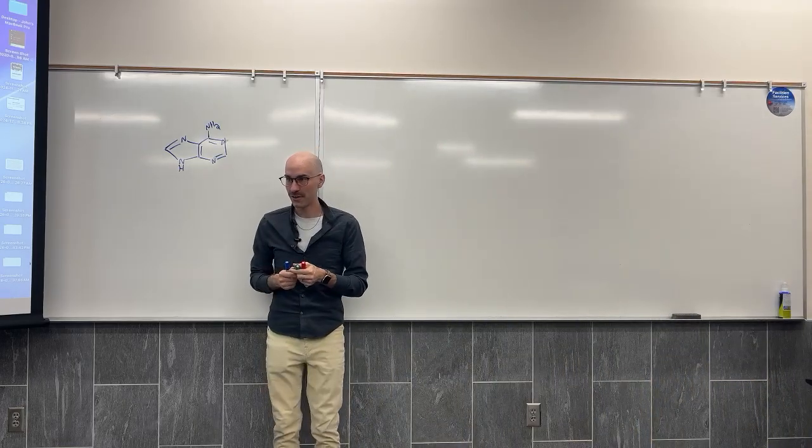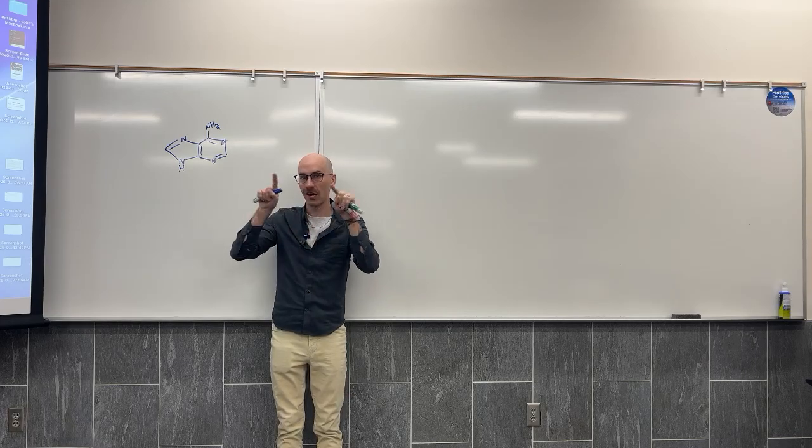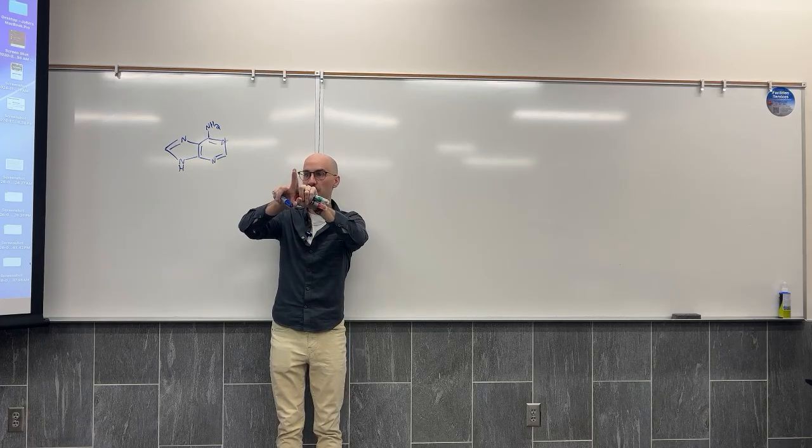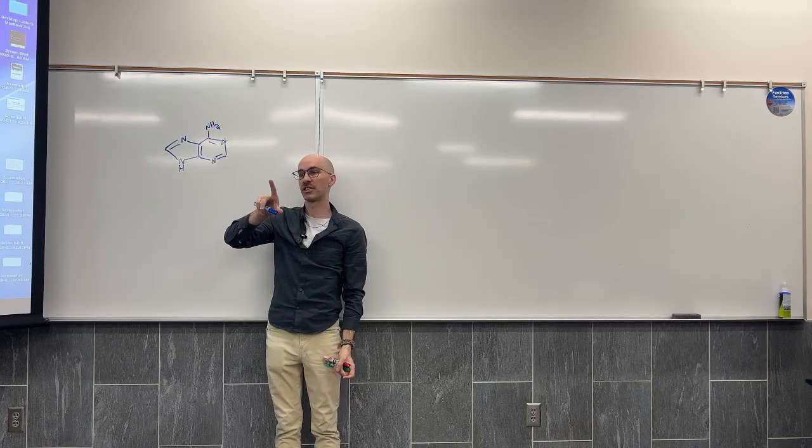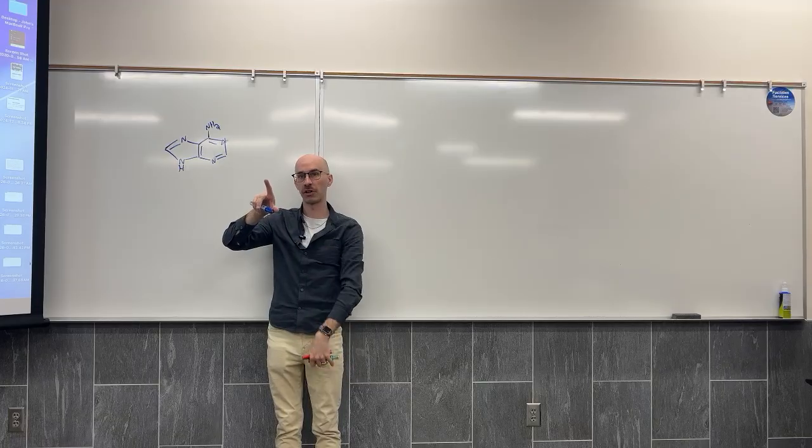Yeah, if both rings are fully conjugated and fused like this, you have to consider both of them together. But even if they're fused, if one ring lacks any amount of conjugation, that entire ring is just ignored. Anything that's a part of it.